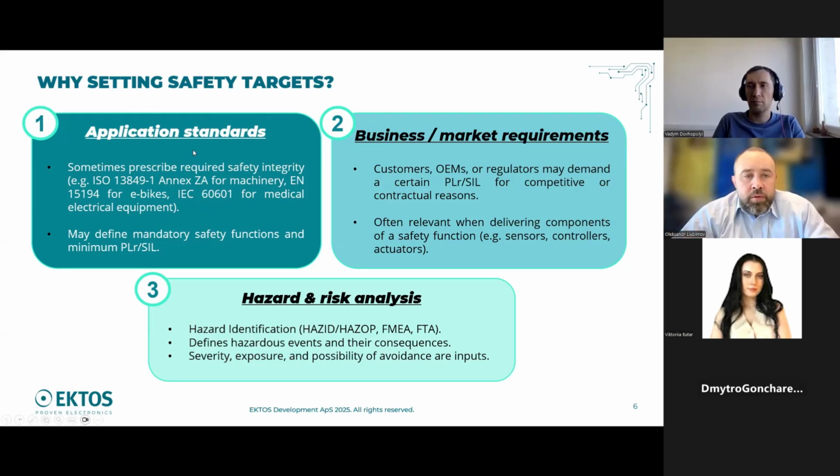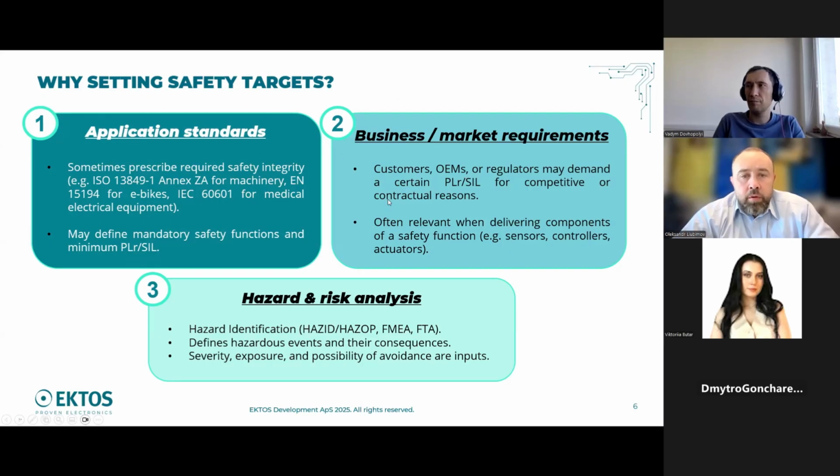They may define mandatory safety functions that are derived from industry knowledge, so to say. They can also define minimum performance levels and safety integrity levels. So that's the way it works.